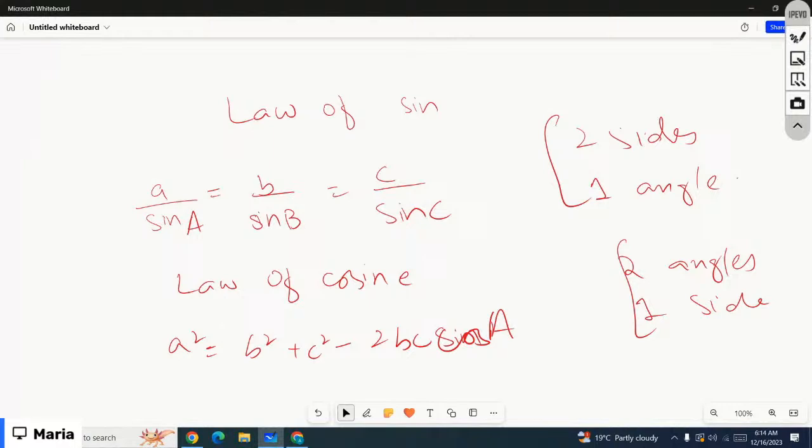When can you use this one? When you are given two of the sides and one of the angles. There are two examples, then it will be more clear, right?